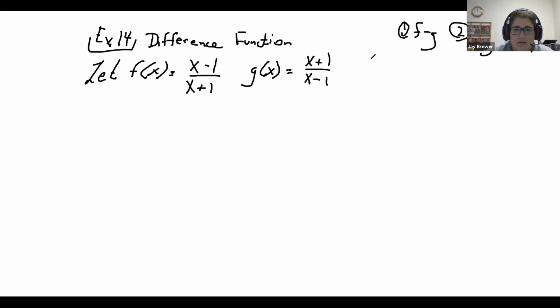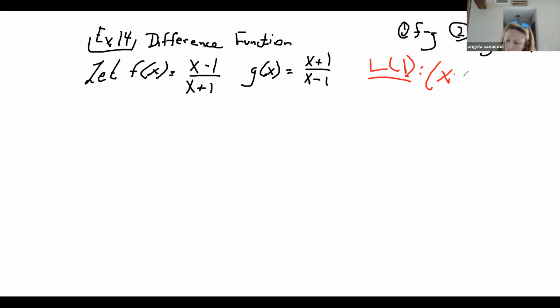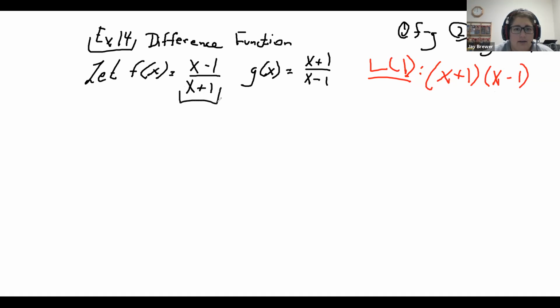So here's my question. What do you think your LCD is? We want to combine these two fractions. X plus 1 and x minus 1. Here it is. Okay. So now we have to ask what's missing. So you had x plus 1.